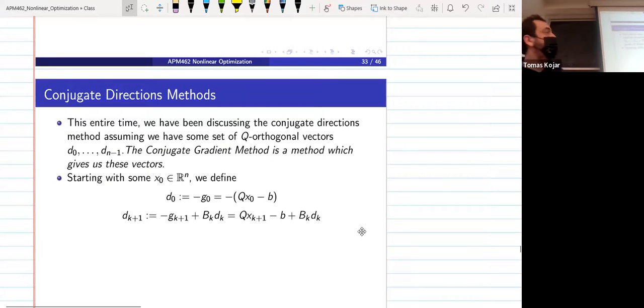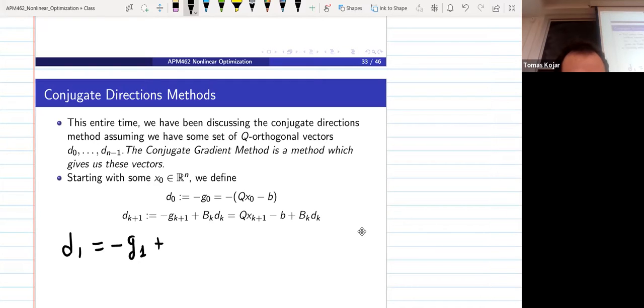D0 is this guy, and then if you want D1, let's do it step by step. So you want to be in the hyperplane. Let me write this carefully. This is G1, and then this is B0, D0.